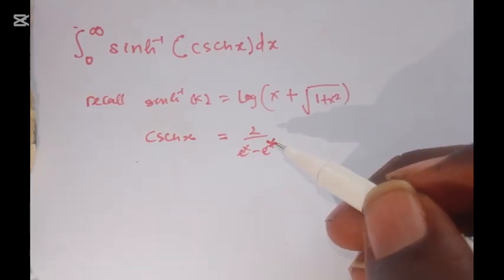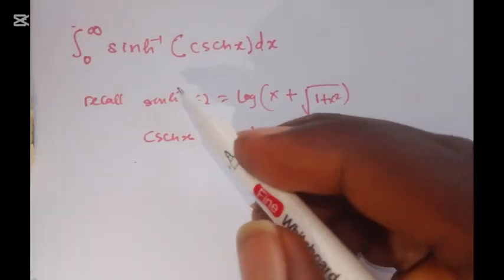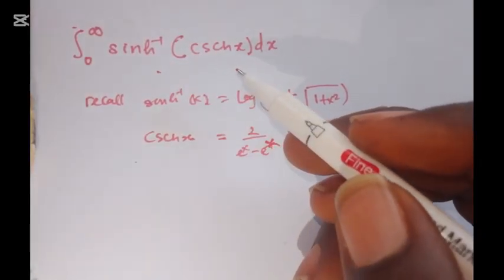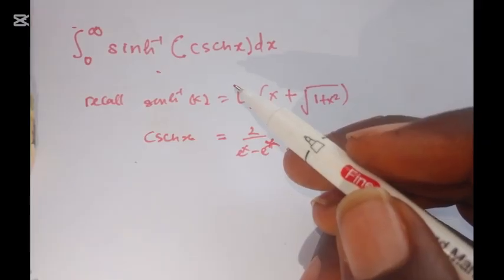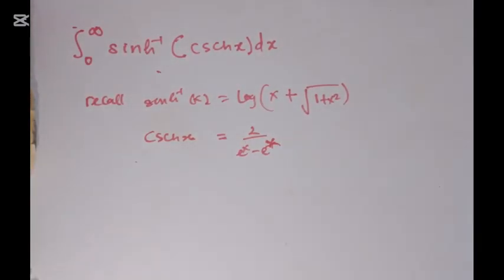Now, what are we going to do? What we are going to do now is to simplify arcsinh of cosec of x, so that we can solve this problem successfully with ease.